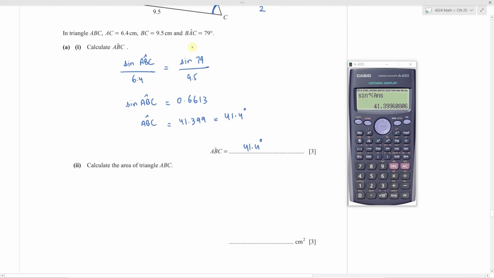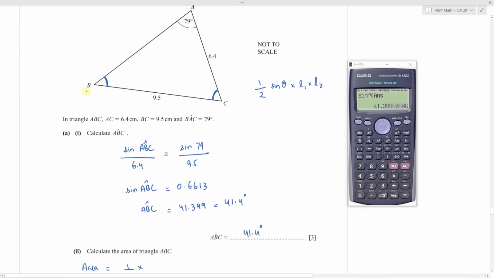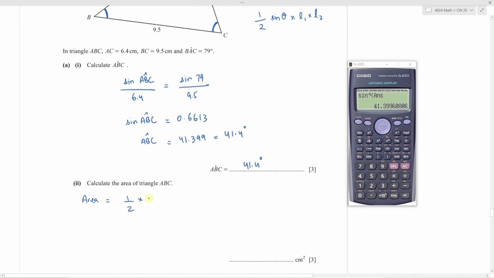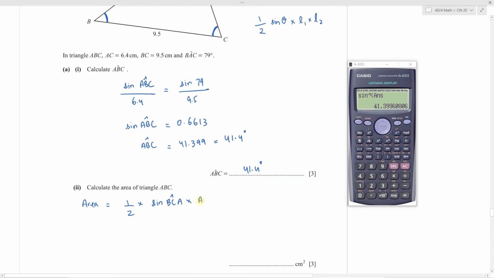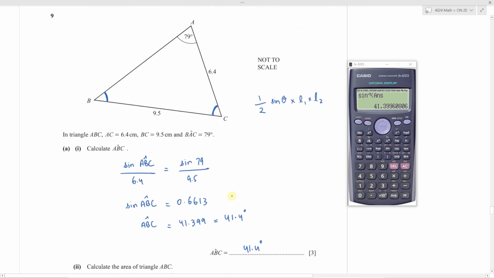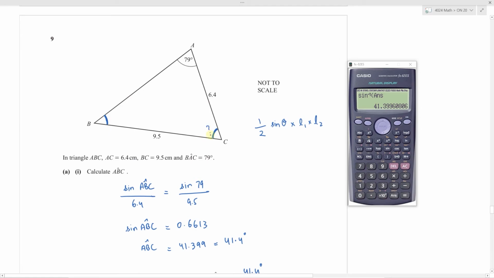So my area will be 1 by 2 into sine of BCA multiplied by the two lengths that make up this angle, AC and BC. So we know the two lengths. This is the angle that first we need to calculate.